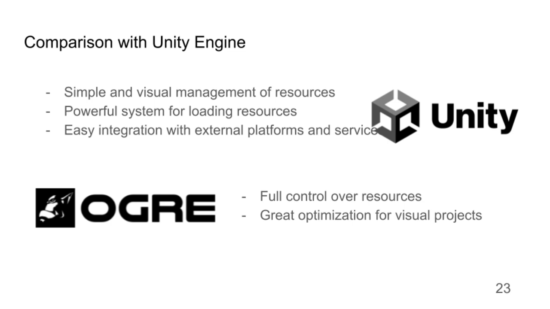Strengths of Unity: simple and visual resource management, powerful asset loading system, easy integration with external platforms and services. Now the strengths of OGRE3D: full control over resources and high optimization for visual projects.